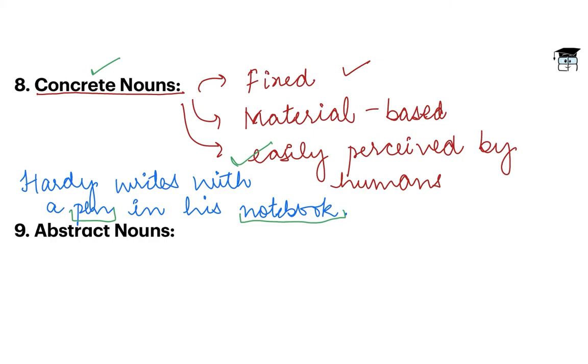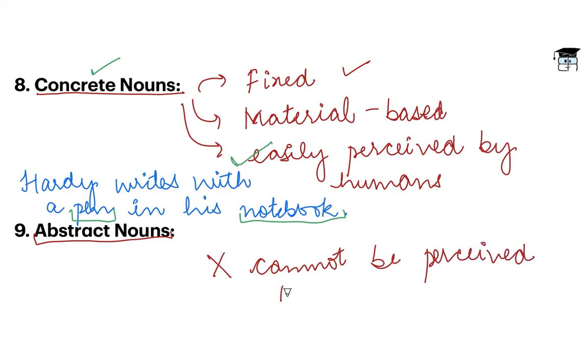Moving on to the next category, which is abstract nouns. Now, these nouns are what? These are contrary to concrete nouns. Why? Because they cannot be easily perceived by humans.